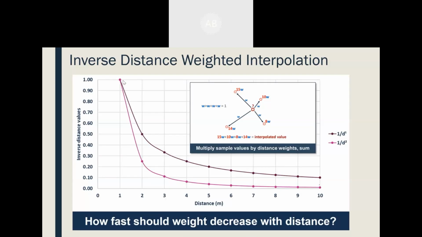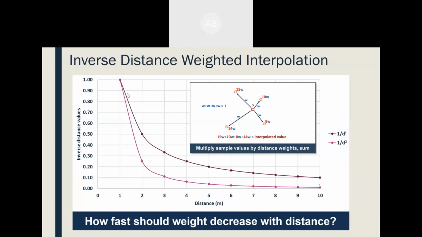Okay, then if you follow the 1 by d line, then at twice the distance, at 0.2 meter, it will have 50% of influence, that's 0.5. Then another 1 unit distance more, that is distance 3, this will be somewhere here.